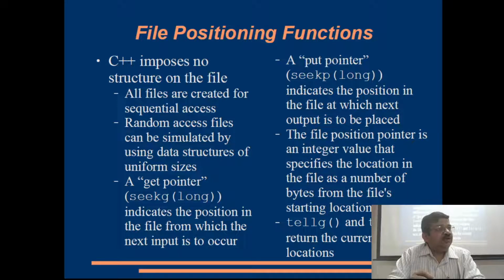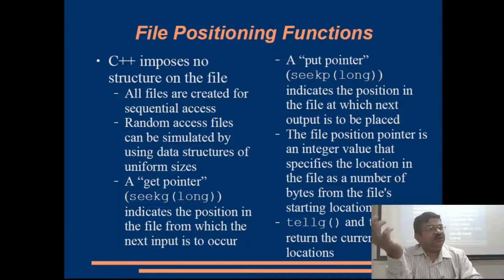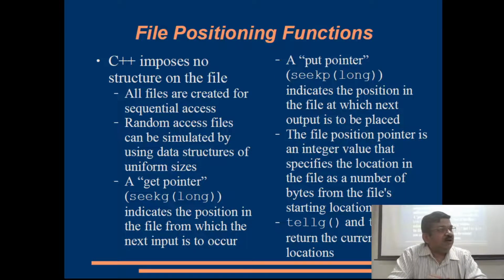But you can actually simulate random access if you know the data type and the size of the data. Then you can look at the pointer and how many offsets you need to give to reach whatever storage you are trying to see. There are some features available using pointer arithmetic.